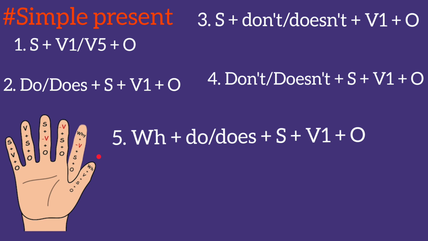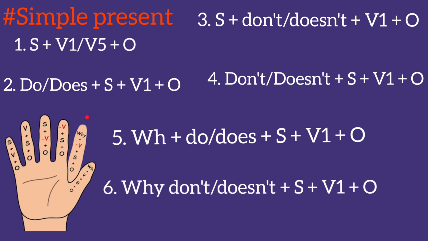WH question plus do or does plus subject plus V1 plus object. Why don't or doesn't plus subject plus V1 plus object. First, we will work out the sentences with the first form of verb V1 using this formula.